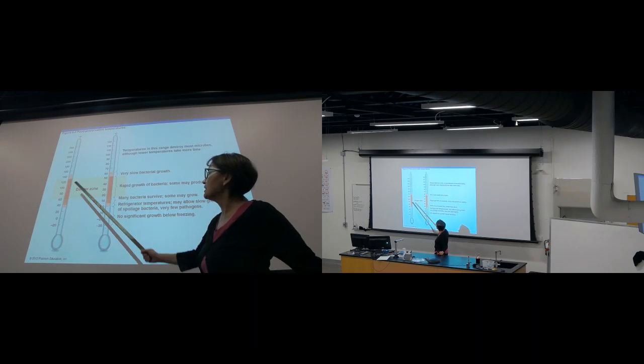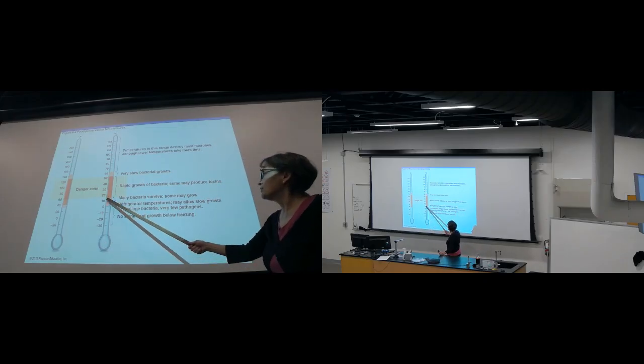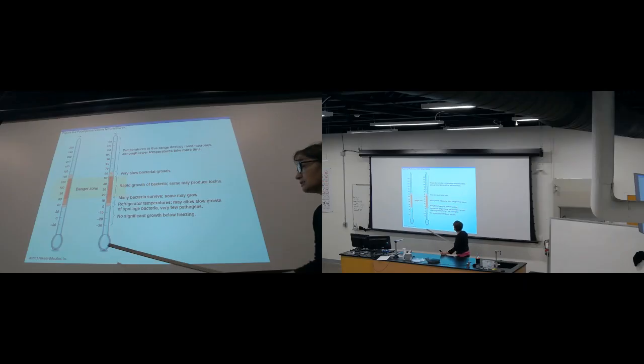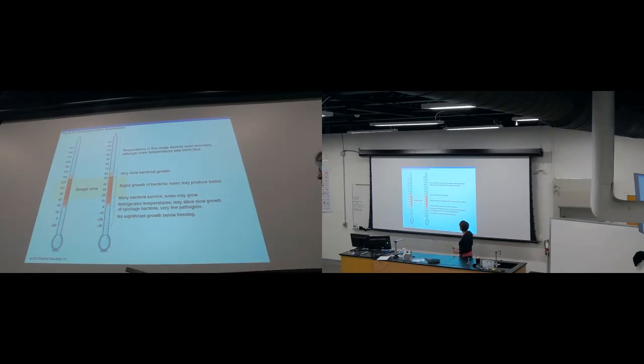They can survive between 30 to 60 degrees Fahrenheit, or between 0 and 15 Celsius. And at freezing temperature, below 0 degrees Celsius, there's no significant growth of bacteria. The problem with spoilage bacteria is that they can spoil your food, and of course you throw it away, that's no problem.